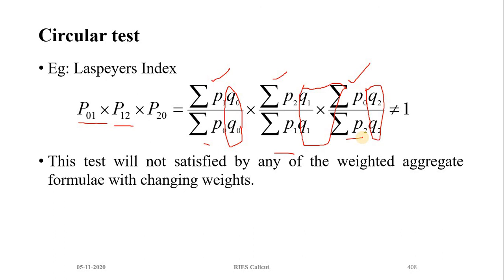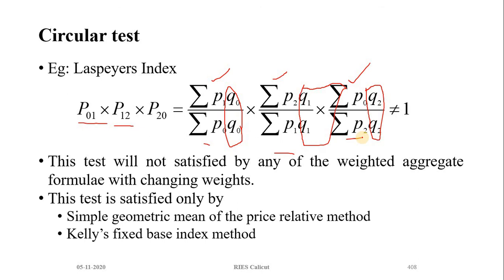And for satisfying the circular test, there's a condition. The condition is the weight should be fixed. If the weights are changing from one period to another, such a method will not satisfy the circular test. So the condition is the weight should be fixed.